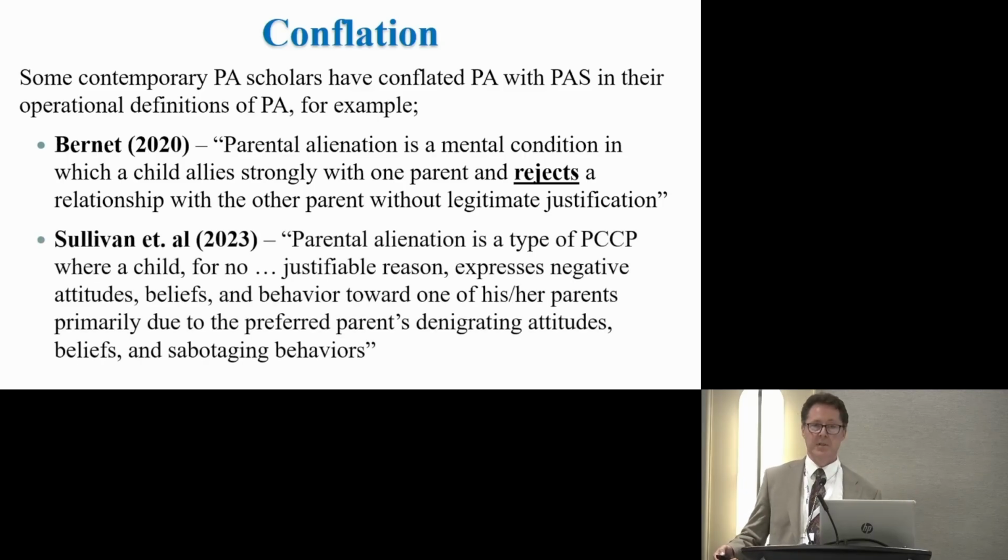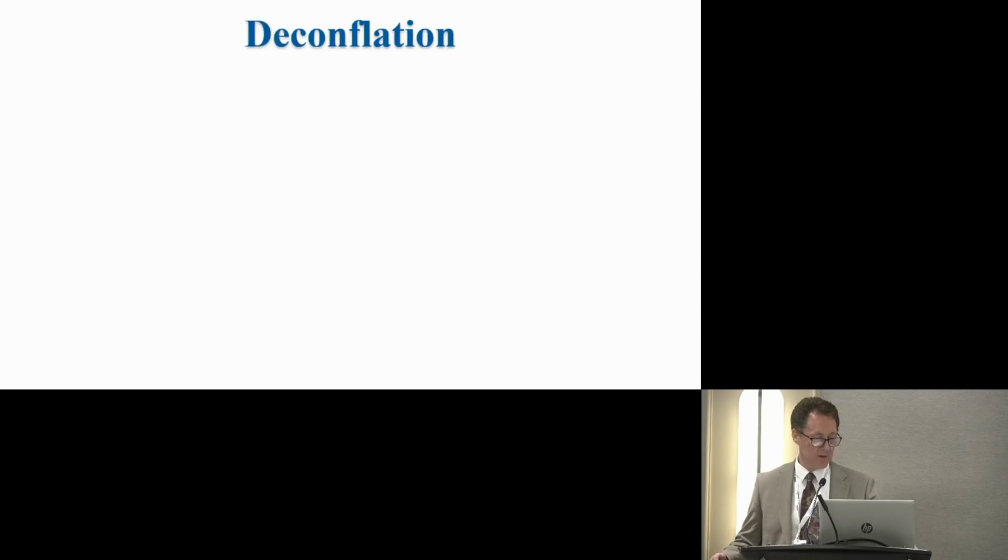A similar definition appears in the Family Court Review in 2023. Sullivan et al., quote, parental alienation is a type of parent-child contact problem where a child, for no justifiable reason, expresses negative attitudes, beliefs, and behavior toward one of his or her parents, primarily due to the preferred parent's denigrating attitudes, beliefs, and sabotaging behaviors.